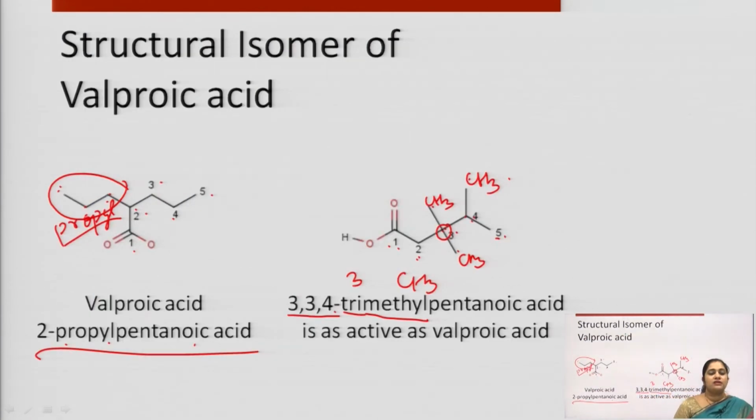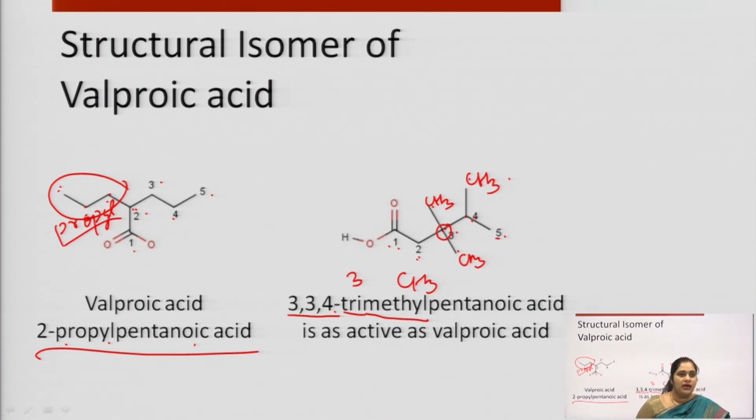Further, we have studied the structural isomers of valproic acid. Here we have 2-propyl pentanoic acid, because at position number 2 we have the propyl group. This propyl group contains 3 carbon atoms, and in the structural isomer these 3 carbon atoms are distributed as 2 methyl groups at position number 3 and a single methyl group at position number 4.